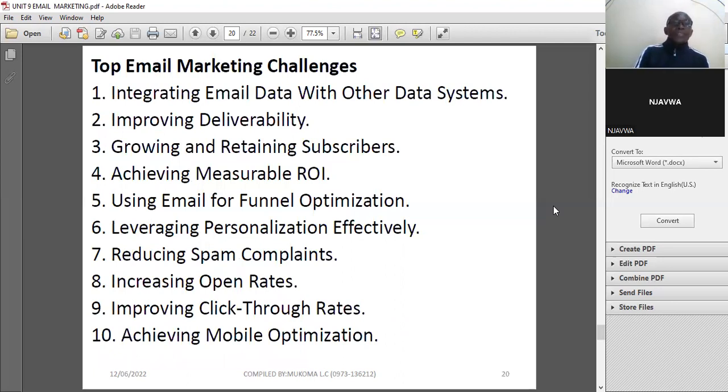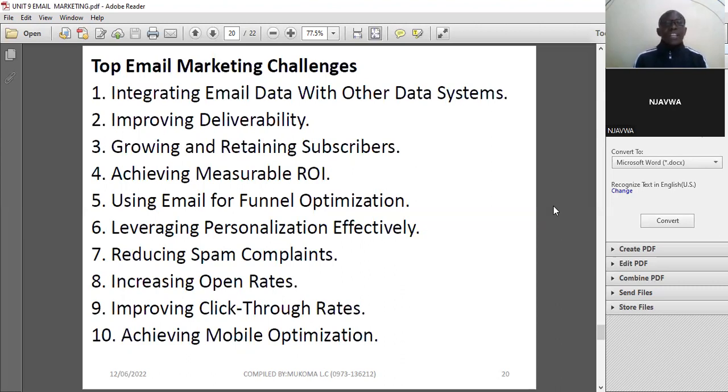So let's look at the challenges of email marketing as we are winding up. Integrating email data with other data systems may become a challenge. Improving deliverability. As we mentioned, you may be sending emails to non-functional addresses and experiencing hard bounce.